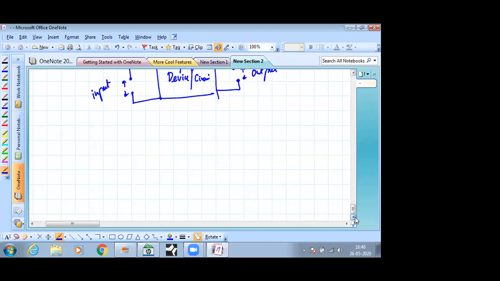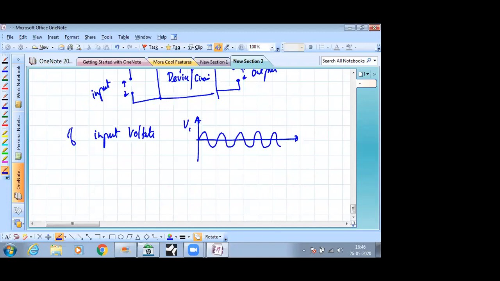So for example, if the input voltage is a voltage which is like this, it's like a sine wave, let's say. There's some amplitude V1 sine omega t plus phi.